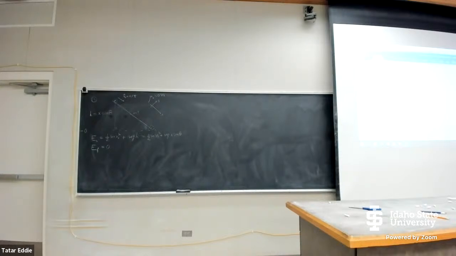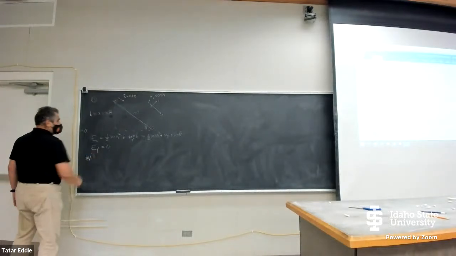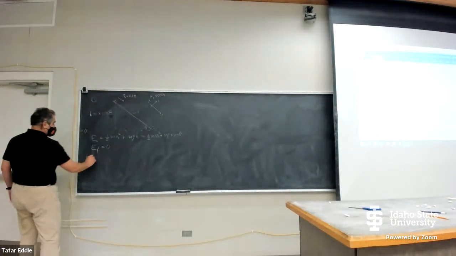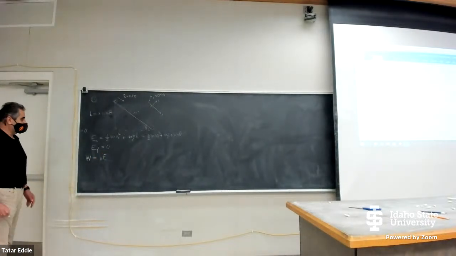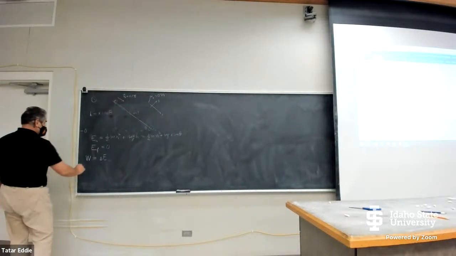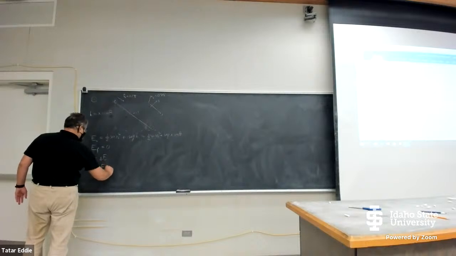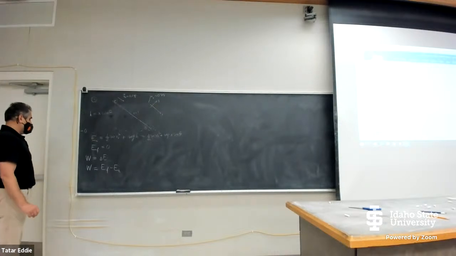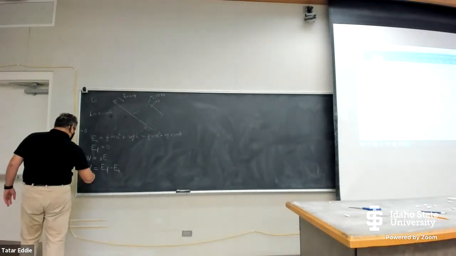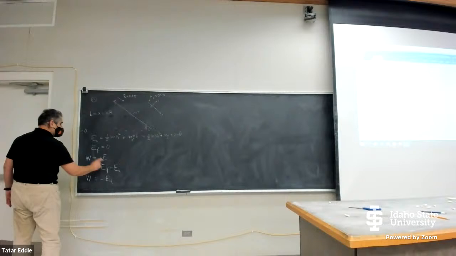The work energy theorem says that the work done by the friction force has to be equal to the change of energy of the truck. In other words, the work done by the friction has to be equal to final minus initial energy. In other words, the work done has to be equal to negative initial energy because the final energy is 0.